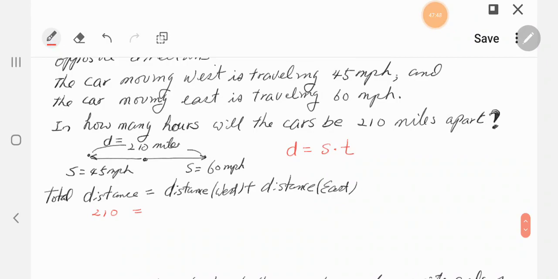The distance going west is st. The speed going west is 45. The time we don't know yet, so let's make it t. And the distance going east is speed times time. The speed is 60 miles per hour, and they travel the same number of hours, so t hours.